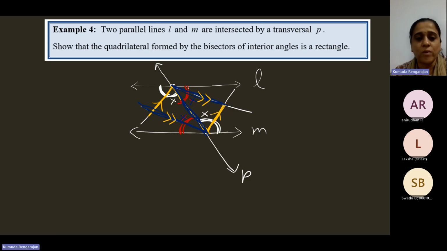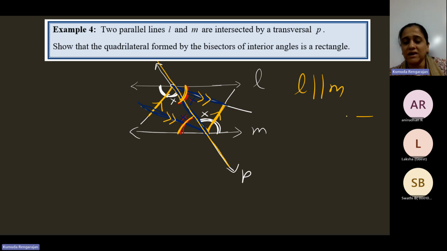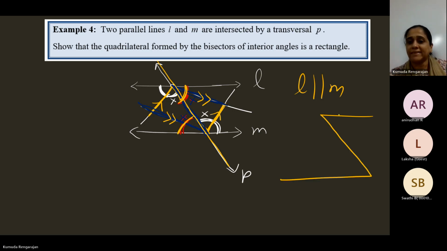Now, why is this angle equal to this angle? Because L is parallel to M, and P is a transversal. See here, L, P transversal, M. That's how we get that these two angles are alternate angles. L is parallel to M like this.